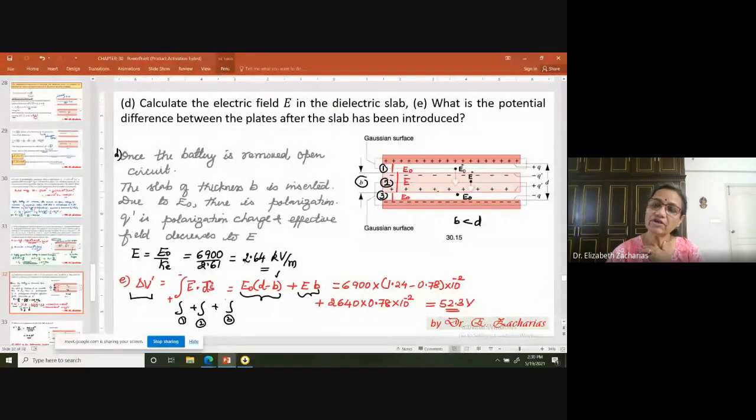If the dielectric slab had a thickness D, then you don't have to write it into three parts like that. Straight away, you would have written E into D equal to delta V prime.